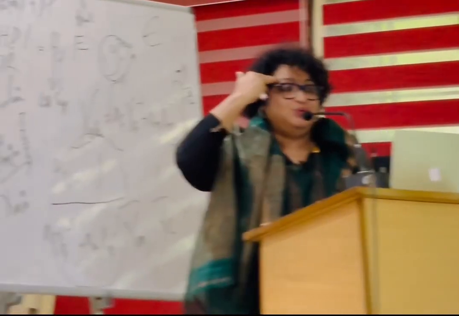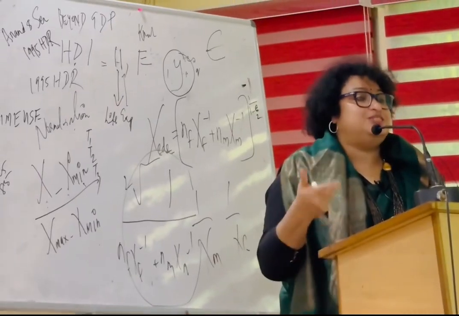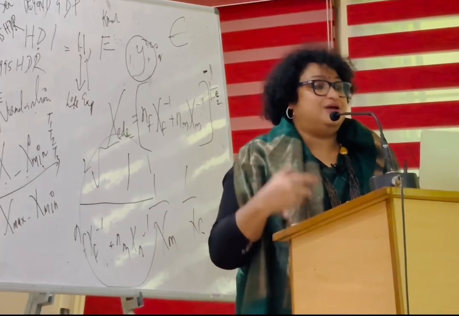You may not call it GDP or GHP or anything, but you basically want to show that this was statistically invisible so far. Because what was statistically invisible will not get into public policy. You need to measure, you need to value to show this care economy. Then only the policies will start responding to your needs.